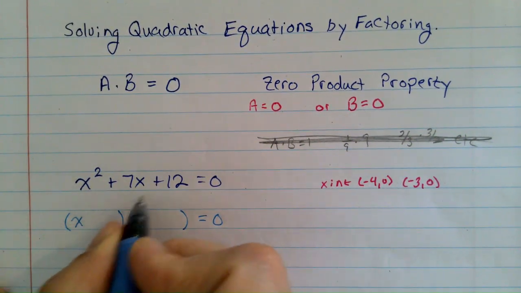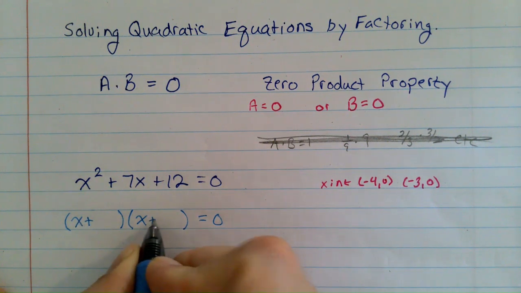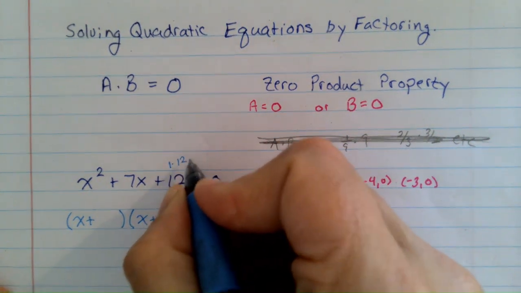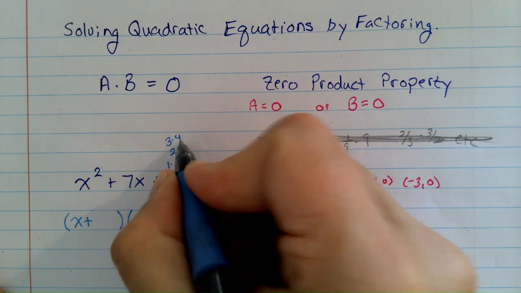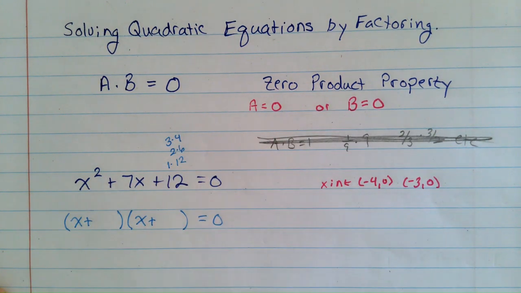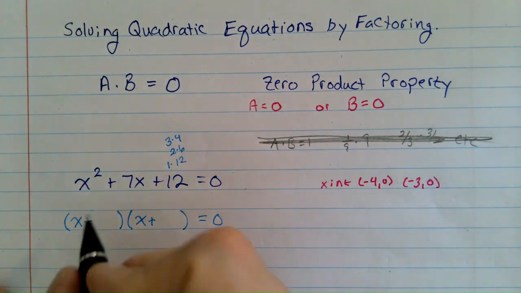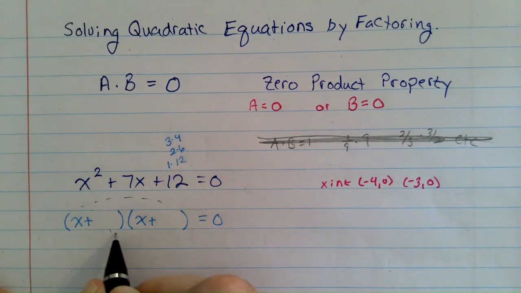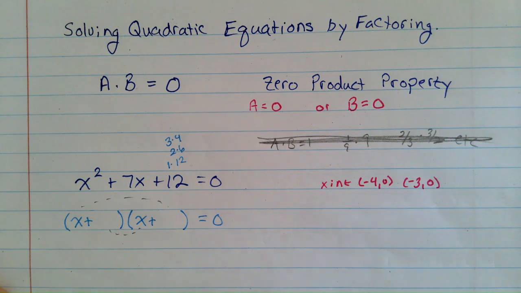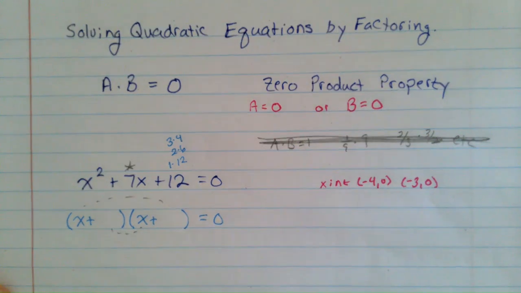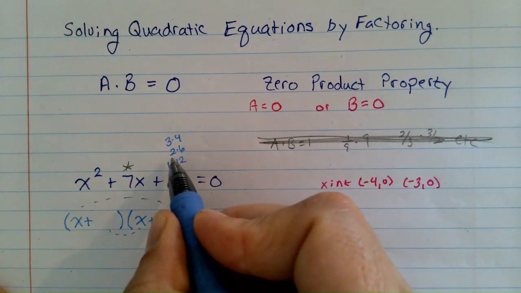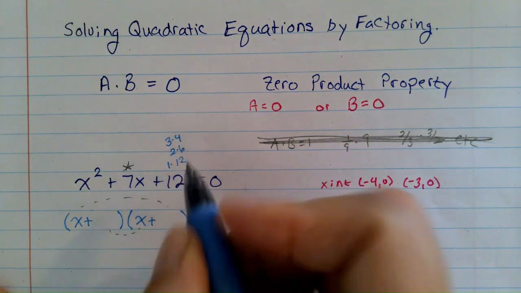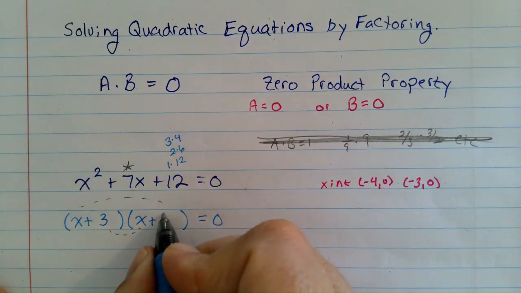Everything is positive, so we know everything's going to be positive. 12 is 1 times 12, or 2 times 6, or 3 times 4. But we're trying to get the outside and the inside to make this 7x right here. So 1 and 12 is not going to add to 7, 2 and 6 adds to 8, but 3 and 4 does add to 7. So we have 3 and we have 4.